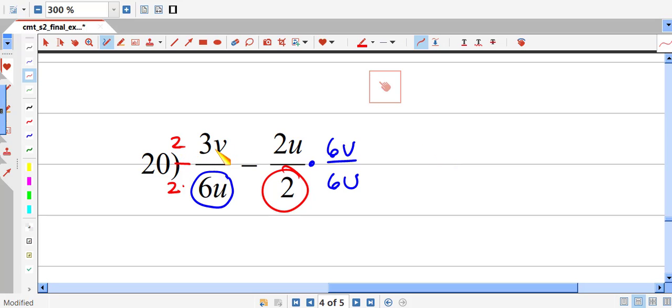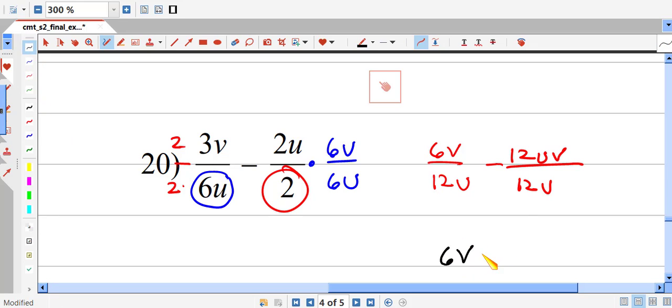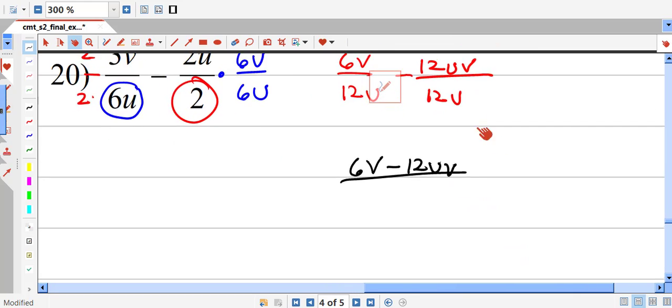So the numerator is going to become 6v, and I'll write the whole thing out, over 12u minus 12uv over 12u. Now I have a common denominator, so I subtract the numerators, and I get 6v minus 12uv over 12u.